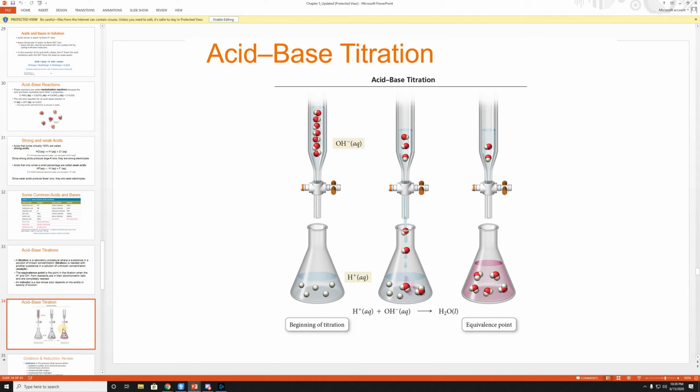So if you know that 100 milliliters of 1.5 molar NaOH was used to neutralize 200 milliliters of an unknown concentration of acid, you could first find the moles of base that was added, then do the chemical equation. If it's a 1-to-1 ratio, you just say, oh, the same moles of base that was added is the moles of acid that was neutralized. And then you can do that math and figure out the concentration.